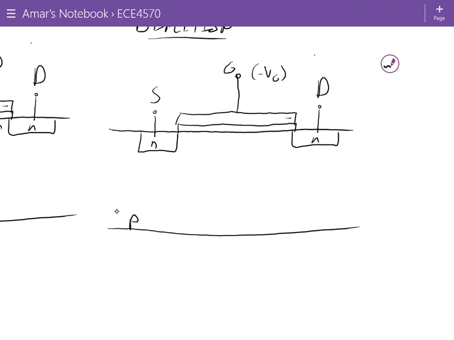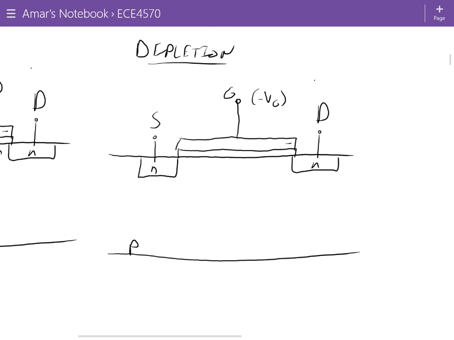So in depletion mode, we're applying a small positive gate voltage. When we apply small positive gate voltage, we accumulate some positive charges here, and there's an electric field pointing down, but the electric field is relatively weak.